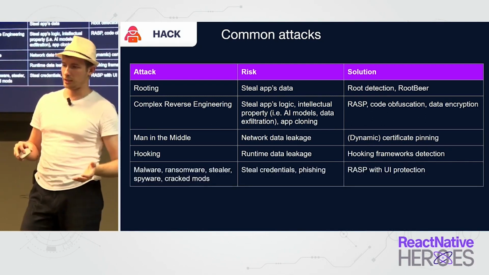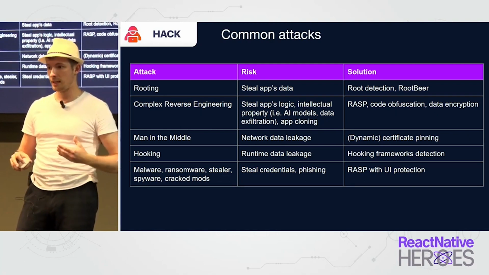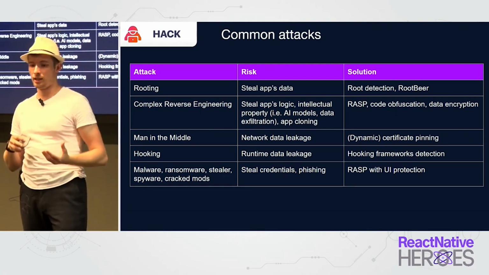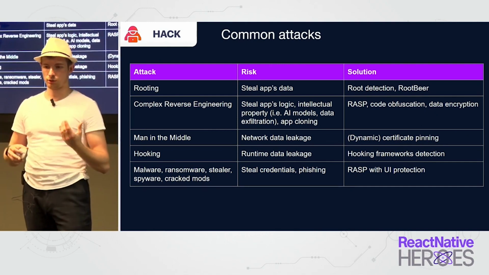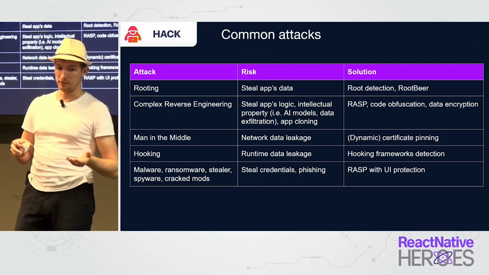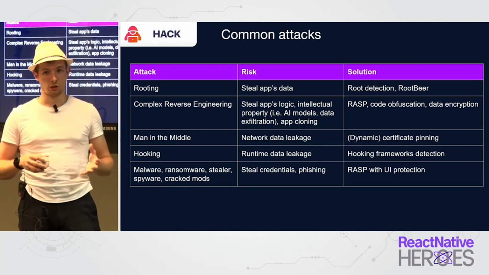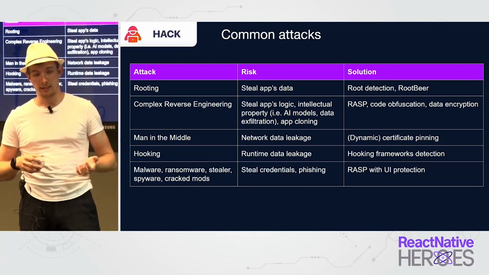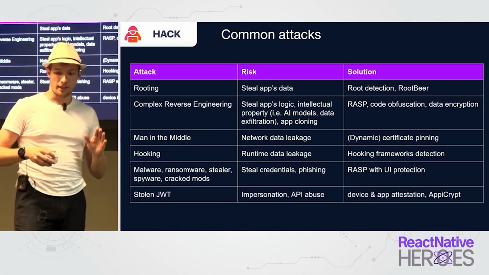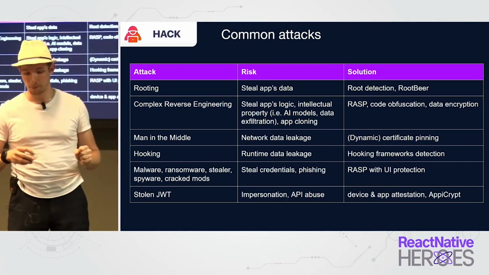Of course, your application, as I told you in the first case, can be stolen and turned into some spyware or ransomware. Your users may be victims of such an activity. So your application can really be hacked and you have to do something about it. And you will also see how to steal a JWT token from an application.